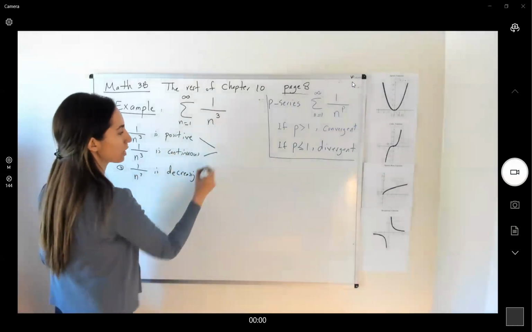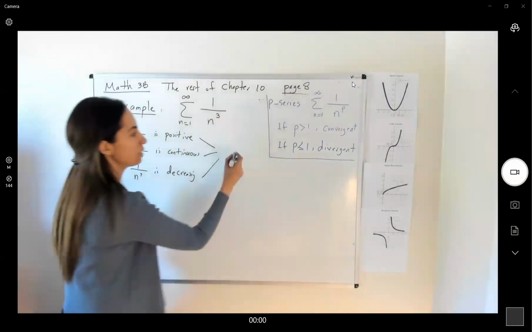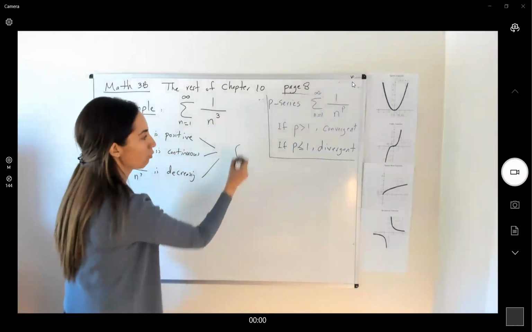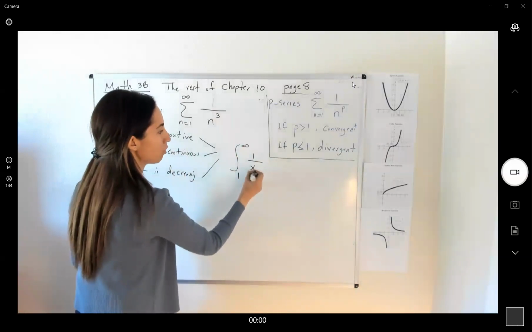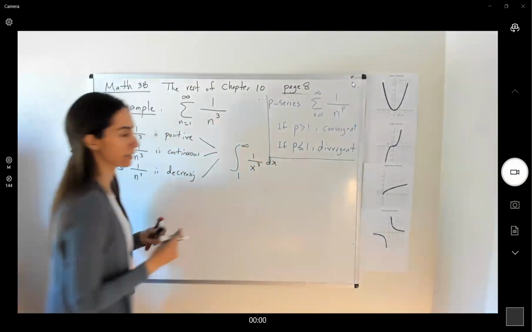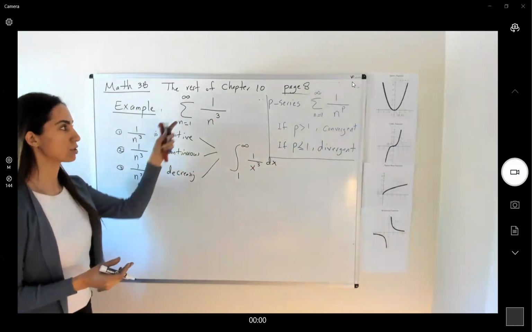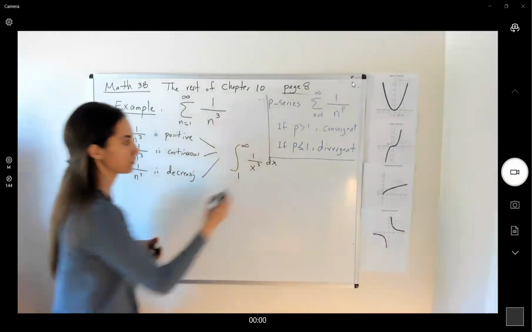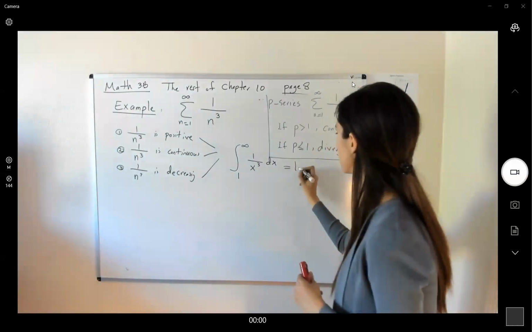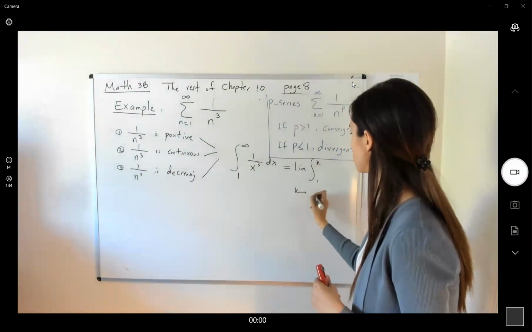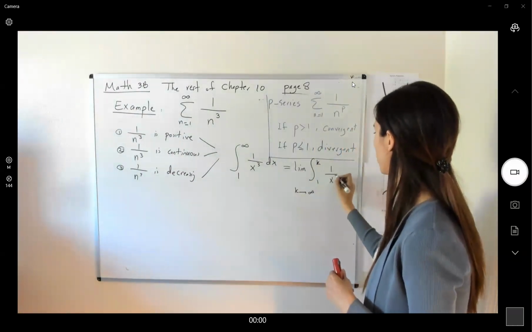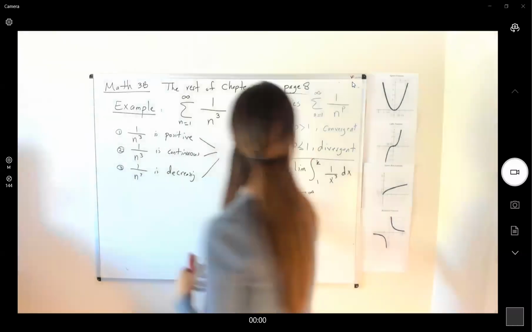So the theorem tells us if the integral 1 to infinity of 1 over x cubed dx is convergent, then our series is convergent. So this guy is equal to the limit of integral 1 to k, k goes to infinity, of 1 over x cubed dx.